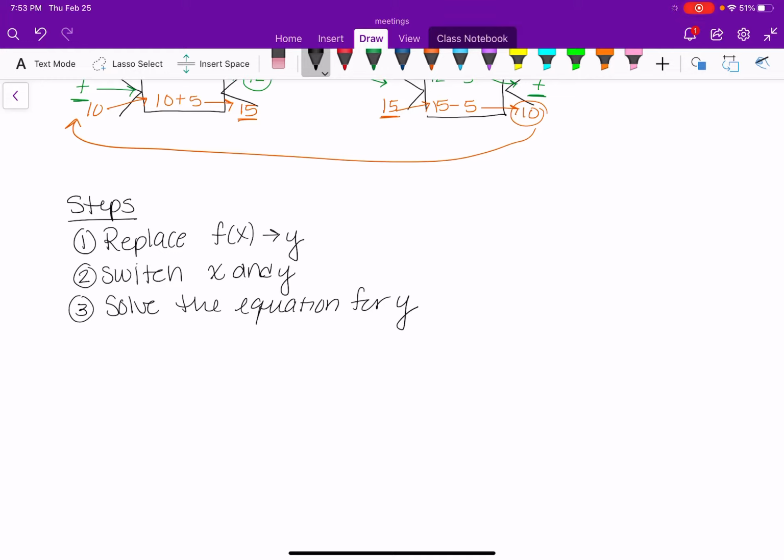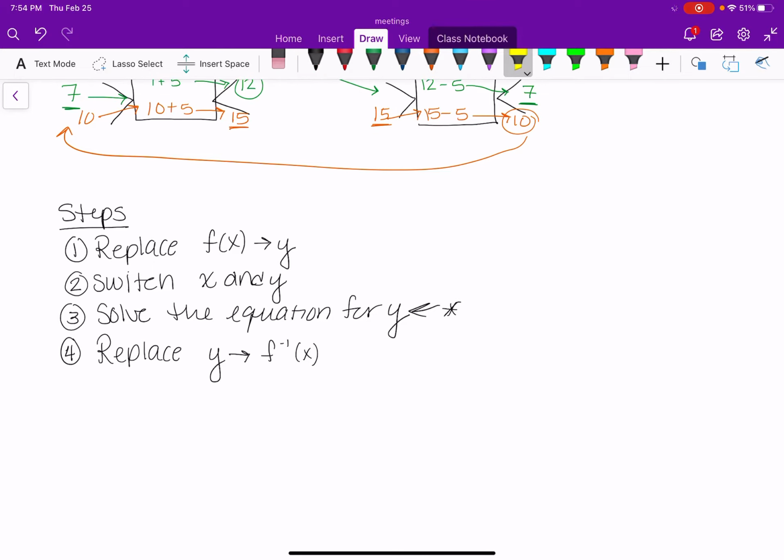This step right here, solving for y, is the most important, as well as the one that's going to actually find our inverse for us. It is actually the most intense part of the whole process, that third step. And then the fourth step is, once we've solved it for y, we're going to replace the y with f to the -1 of x. Now you might be saying, why are we putting -1?